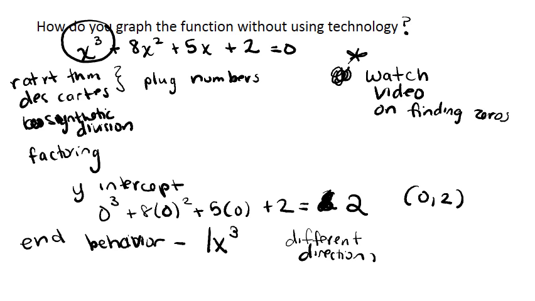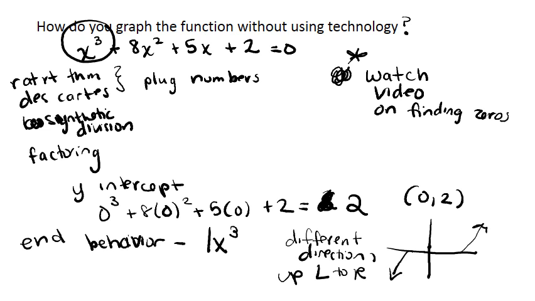And the 1 being positive means that it goes up from left to right. So it would look like this on this side and this on that side, and then whatever the function does in the middle. I don't know yet, and we know it goes through 0, 2 somewhere.